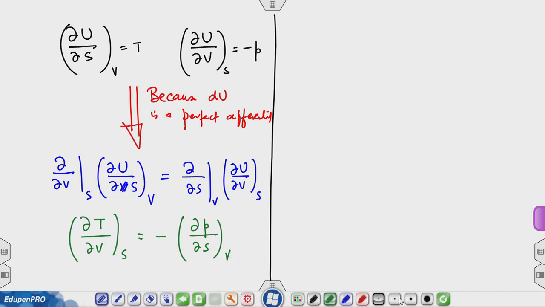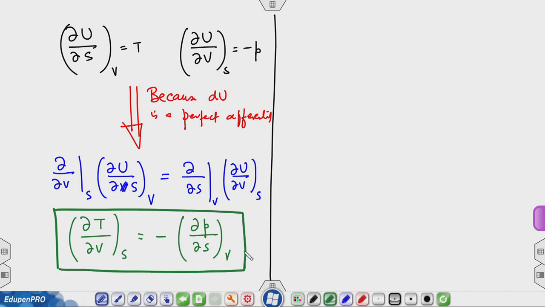And this is known as one of the Maxwell's relations. It relates the change in the temperature with respect to the volume if entropy is kept constant to the change in pressure with respect to entropy if volume is kept constant.